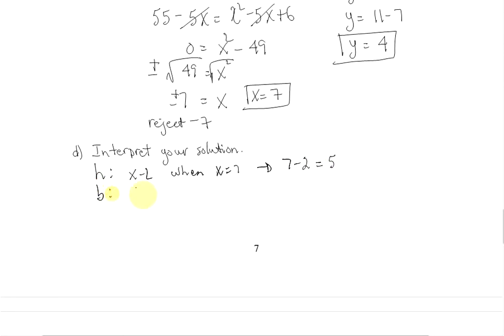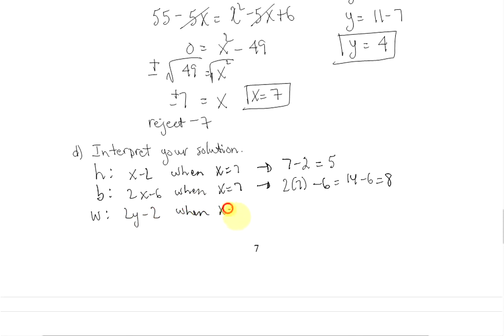The base, the expression for the base is 2x minus 6. So when x equals 7, I'm going to plug 7 in for x. I get 14 minus 6, which is 8. And my width is 2y minus 2.